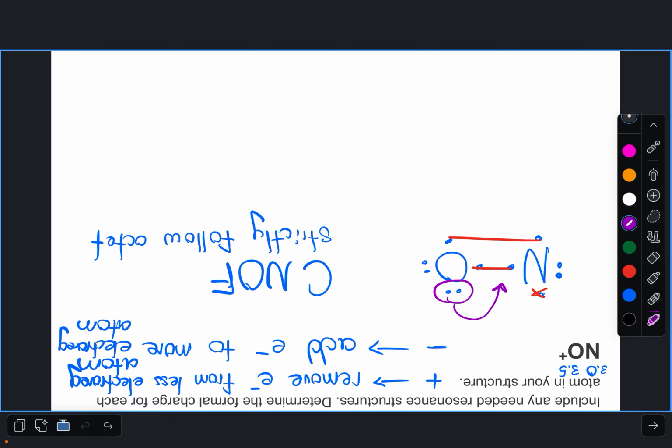You can never, except for when there's charge, erase or add electrons, but moving them in order to abide by certain rules is fine. So we're going to move that pair into a bond. We'll end up with a triple bond and a lone pair on each atom, because that's the only way we can satisfy the octet.